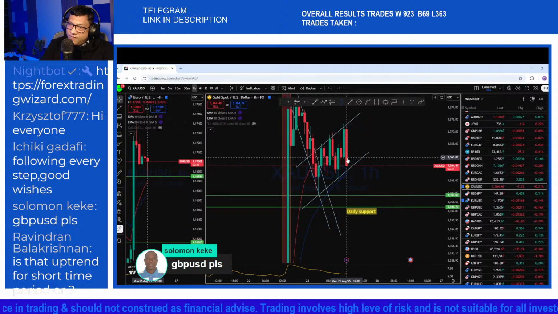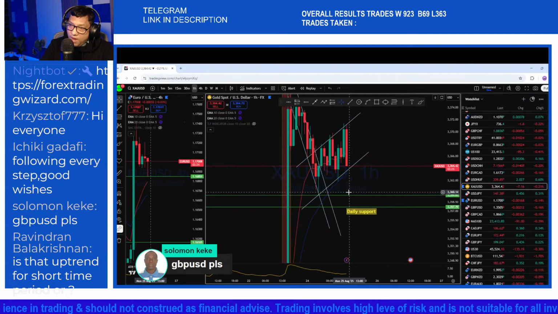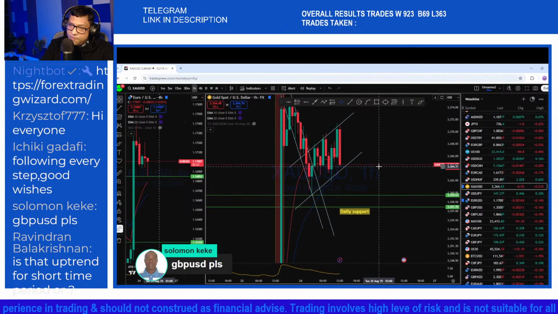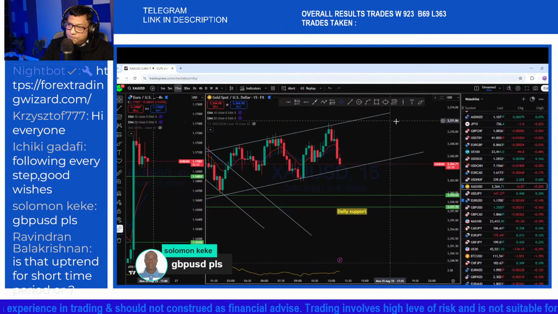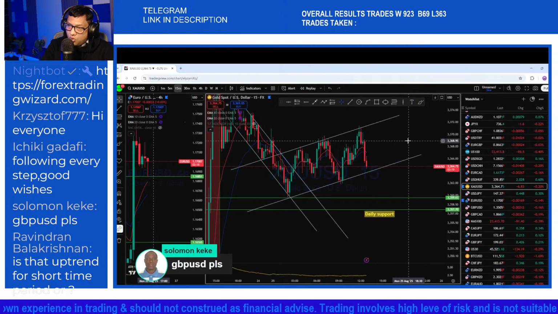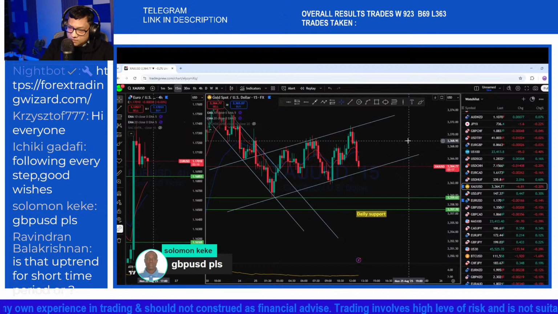Here's the move from this level, expecting the market to drop back below further and then to revert back again to the upside to create a new higher high in this market.